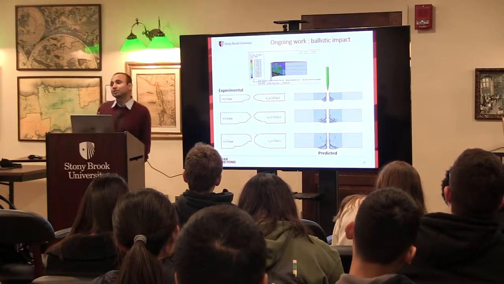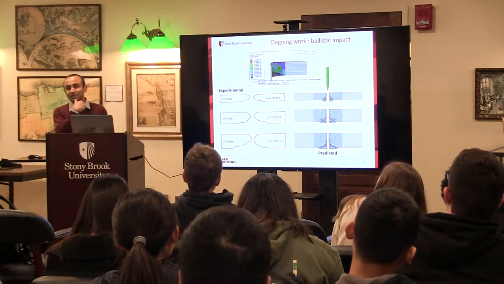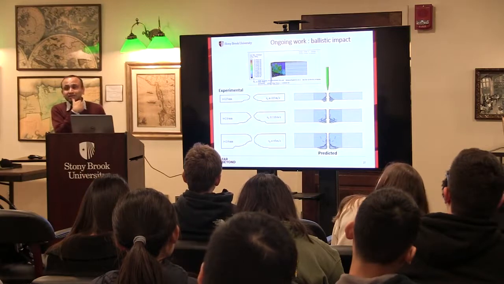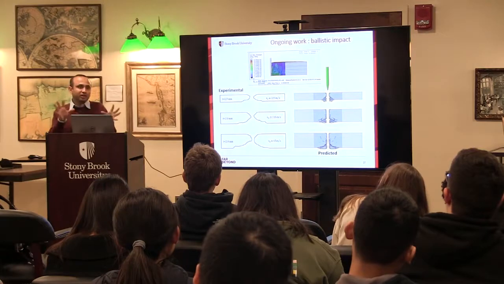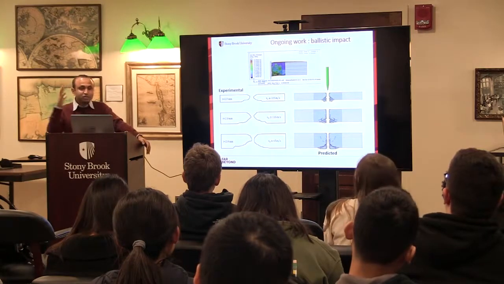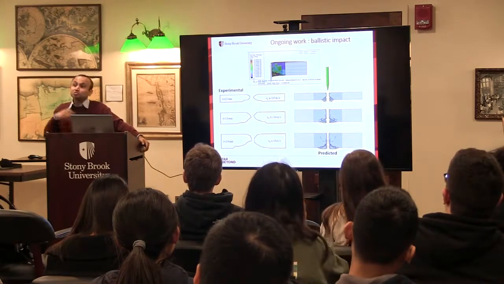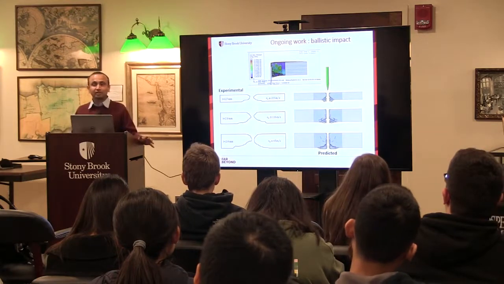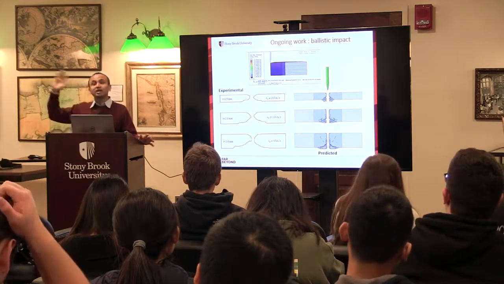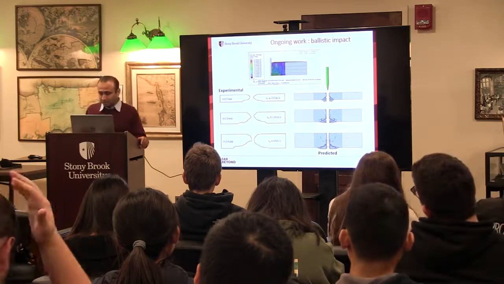And this is actually different from before because for the crush cans, the impact is mid velocity, 30 to 35 miles per hour. This is much higher speed, so it is much more dynamic. So we don't know if all these approaches that we have directly work for very, very high strain rates.